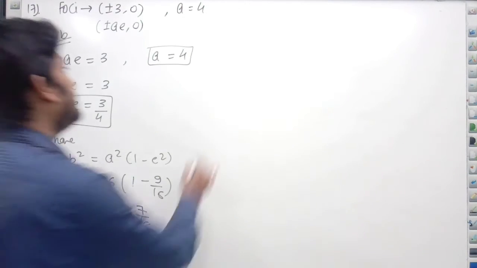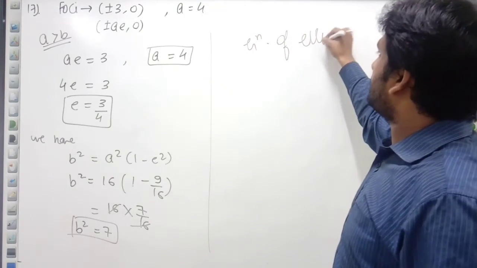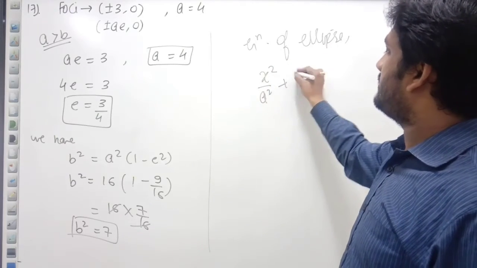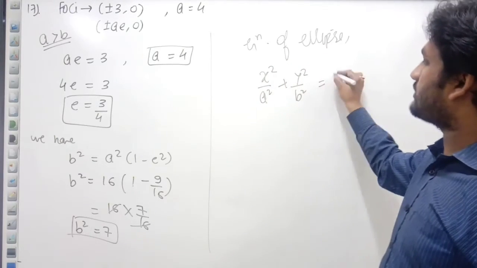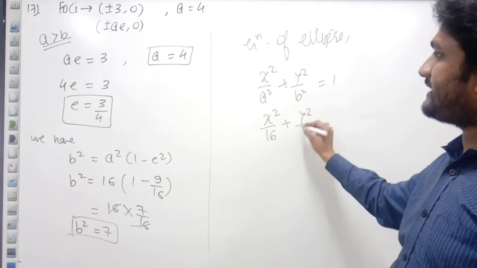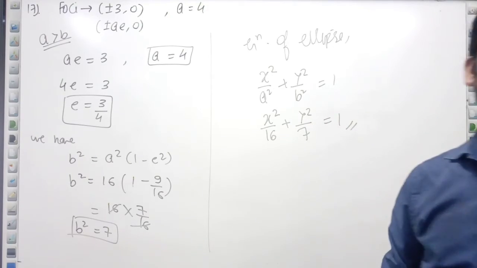So I can say the equation of ellipse x square by a square plus y square by b square equal to 1, x square by 16 plus y square by 7 equal to 1, and this is the answer.